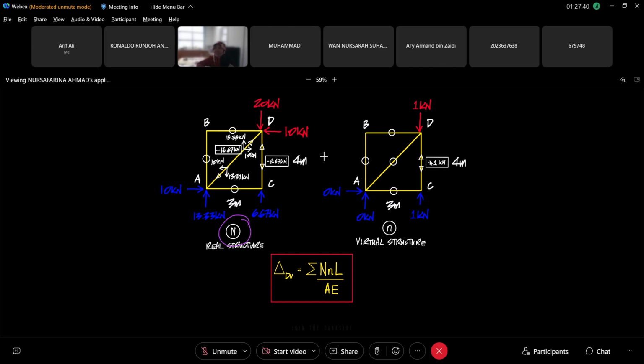N, as I said, is the internal forces of the real structure, capital N. Small n is the internal forces of the virtual structure. So when we apply 1 kilonewton here, you find it as usual, the stages are the same. One, you find the reaction at the support. Two, the internal forces. Once you get the reactions, you get the internal forces.